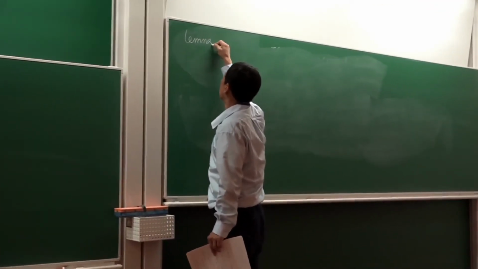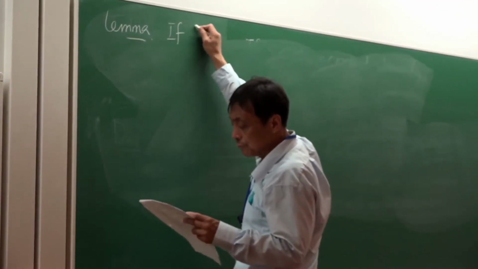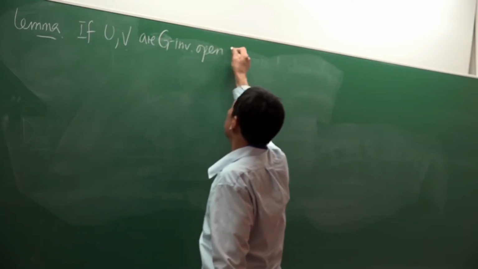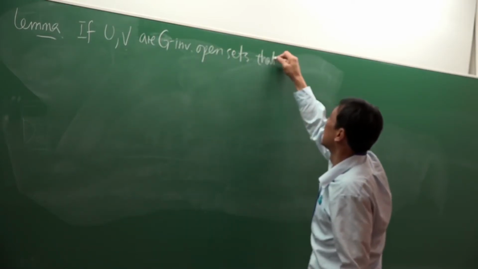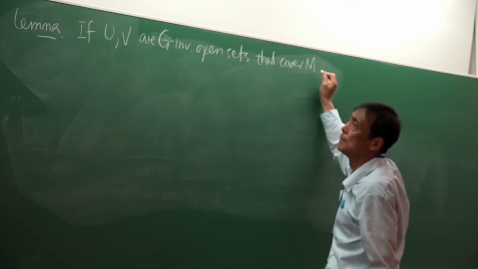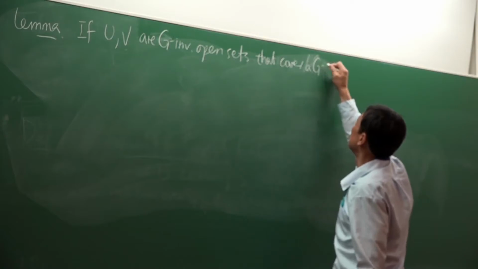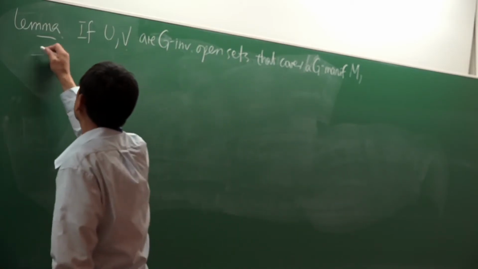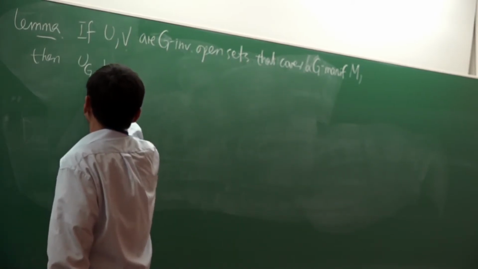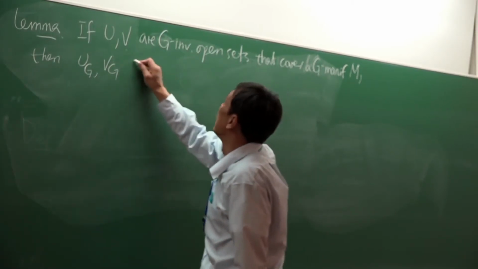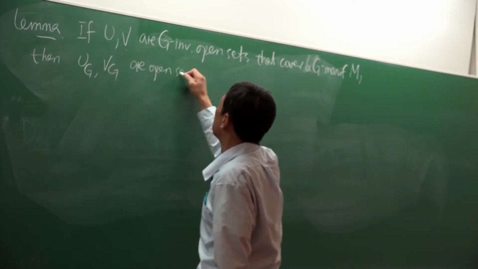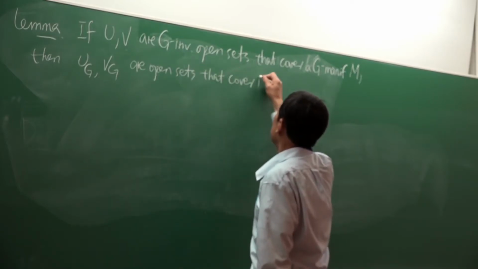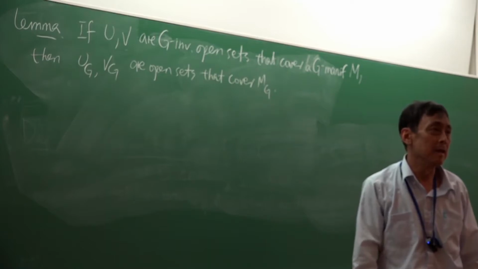So lemma: if U, V are G-invariant open sets that cover M, a G-manifold, then U_G and V_G are open sets that cover M_G. Okay.